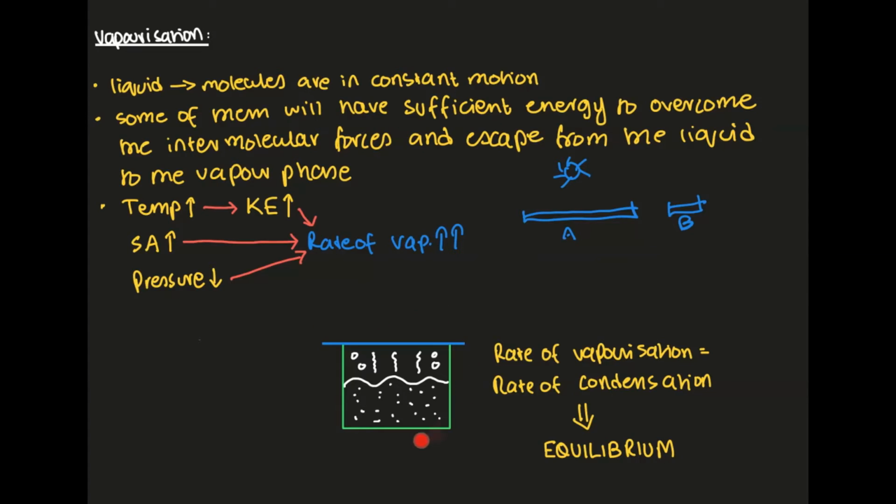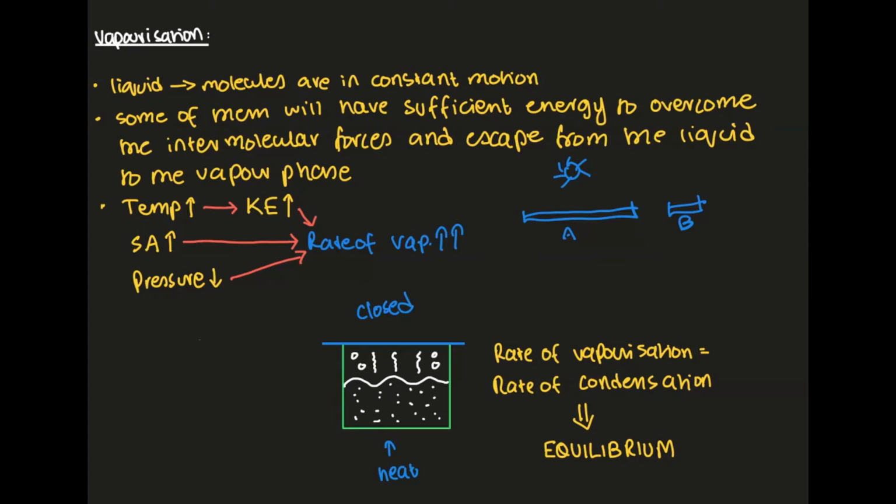Now let's look at this diagram over here. This is what you would call a closed container, because there's a lid at the top and there's really no place for the molecules to escape from. And this is a liquid, and you are heating this liquid. When you're heating the liquid, the molecules are going to gain a certain amount of energy. These bubbles over here represent the molecules vaporizing.